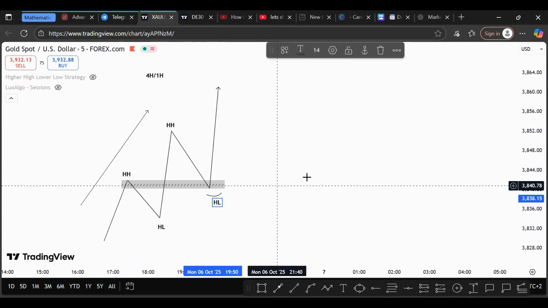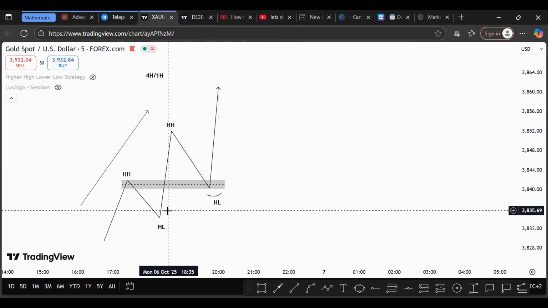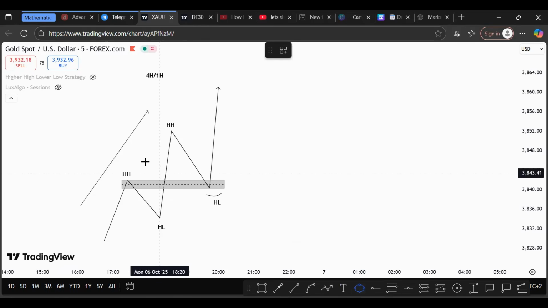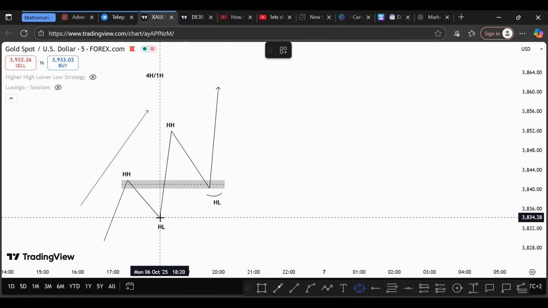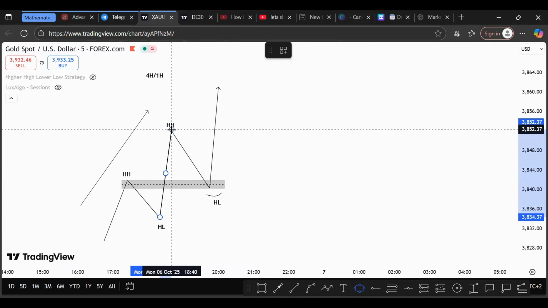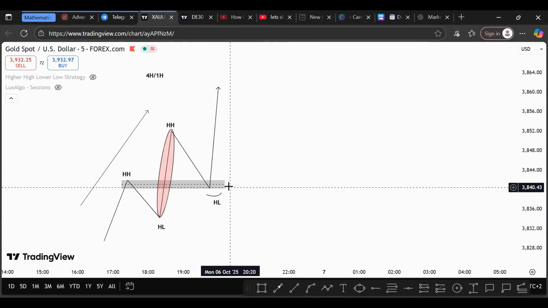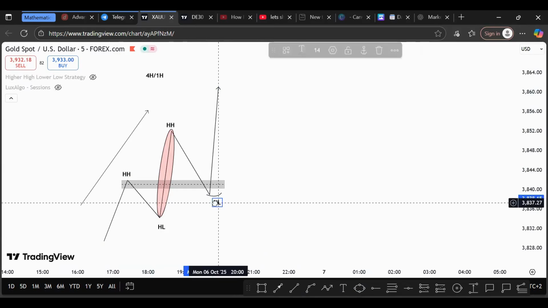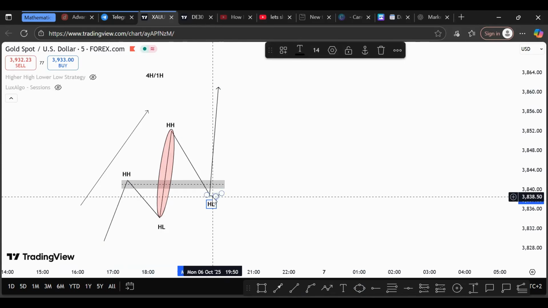Now, how we trade ICC is we have a higher high and a higher low. Now that we know we are bullish, the market will eventually go up. The market has to give an indication that it is bullish. That's where the I in ICC comes from.